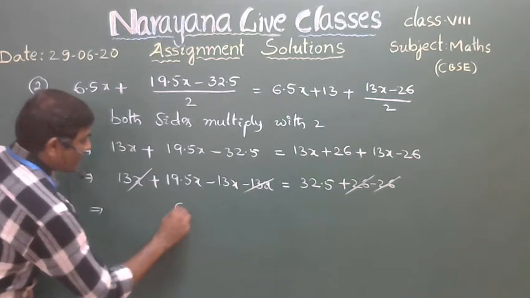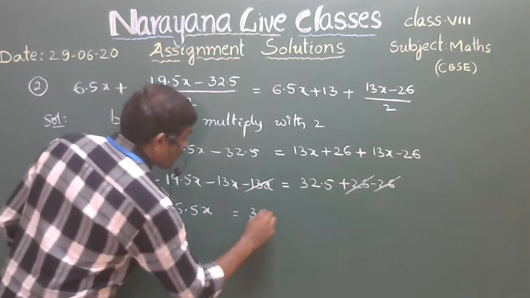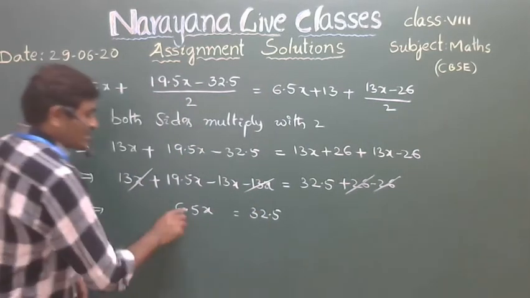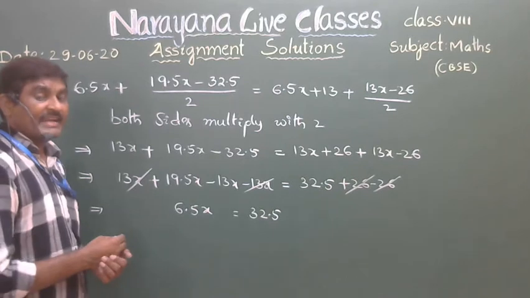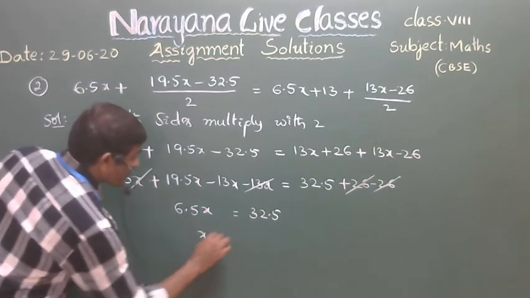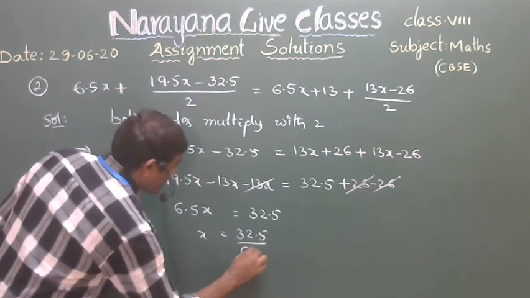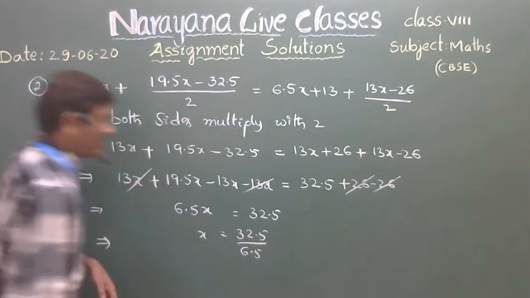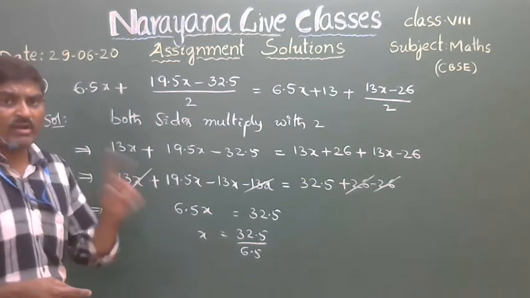So 6.5x is equal to 32.5. Now 6.5 is multiplied with x. After transferring it to the right side, it should be divided. Then x is equal to 32.5 by 6.5. Observe here, in both numerator and denominator, after the decimal point we have only one digit.